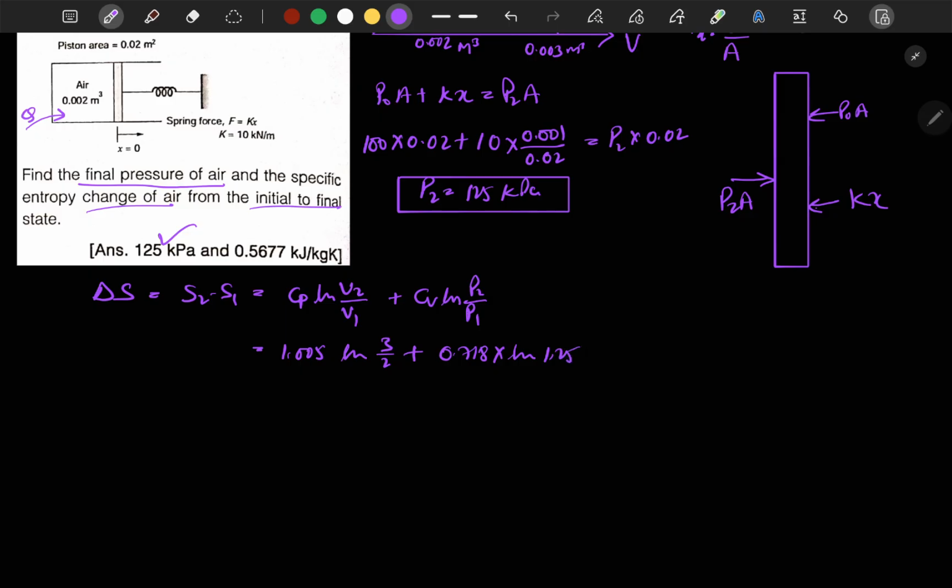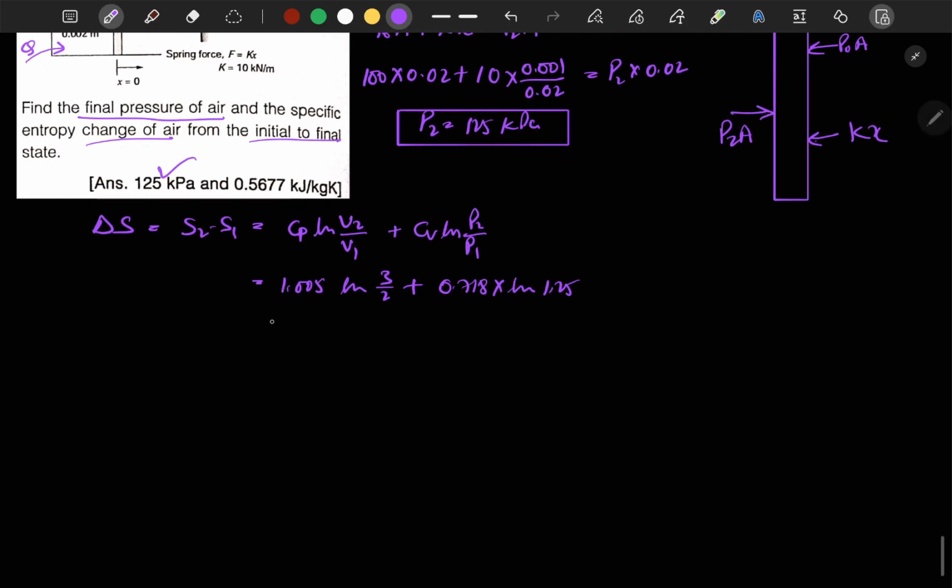Solving these values, we get 1.005 times ln of 1.5 plus 0.718 times ln of 1.25. So the value of delta S is 0.5677 kilojoule per kg Kelvin.